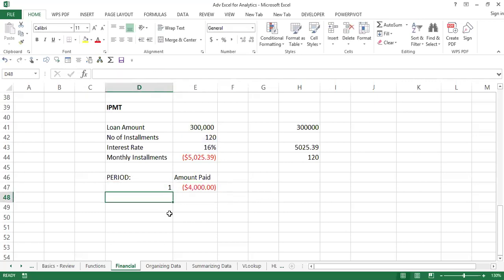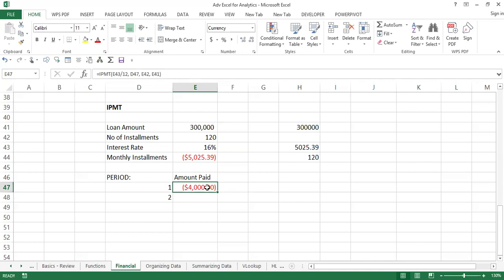So what about the second month? The second month. Okay, let me do that now. Equals IPMT. Yes, click on it.